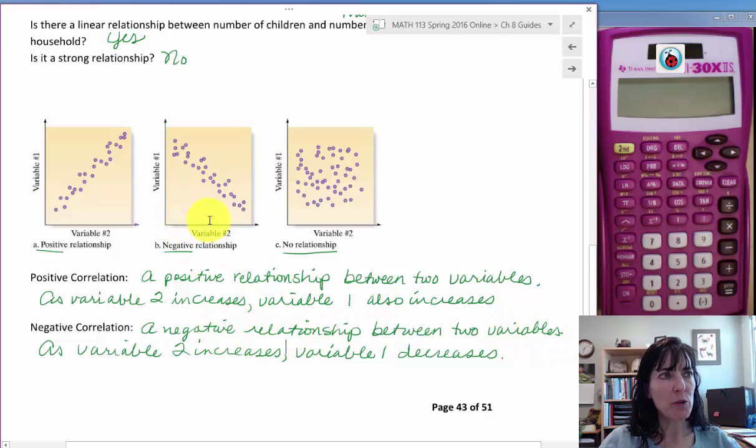As variable 2 increases, gets bigger, variable 1 is getting smaller. As variable 2 is small, variable 1 is large. As variable 2 gets larger, variable 1 gets much smaller. And that's what decreases mean. So as variable 2 increases, as we go to the right, variable 1 decreases. So it's going down, lower and lower every time.